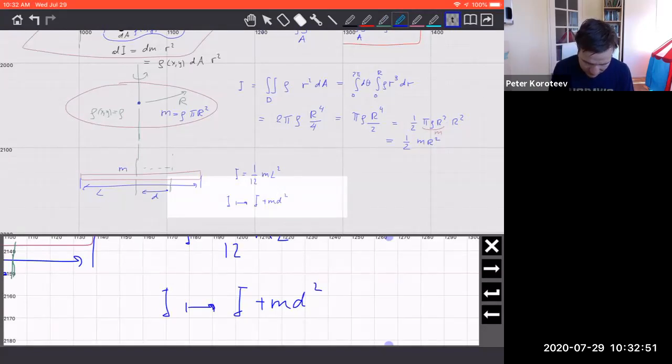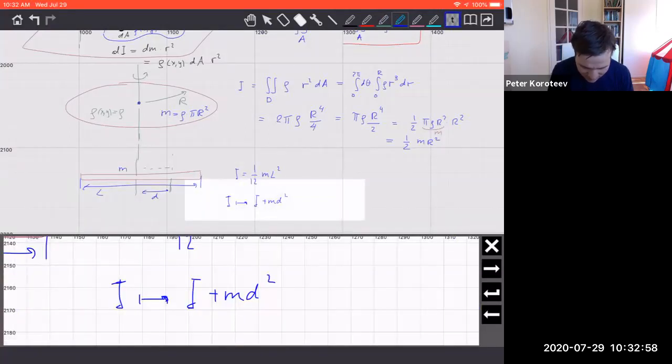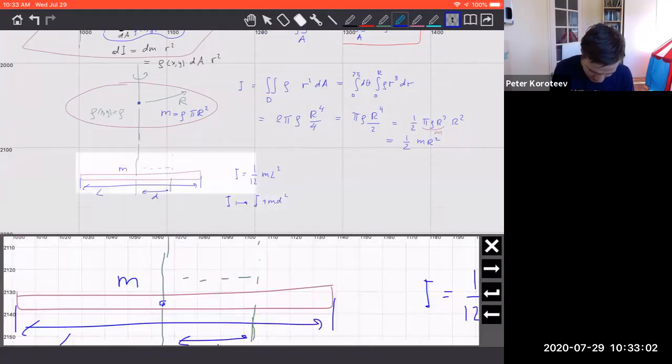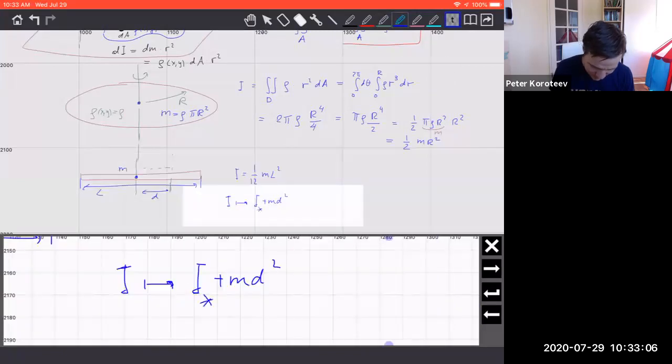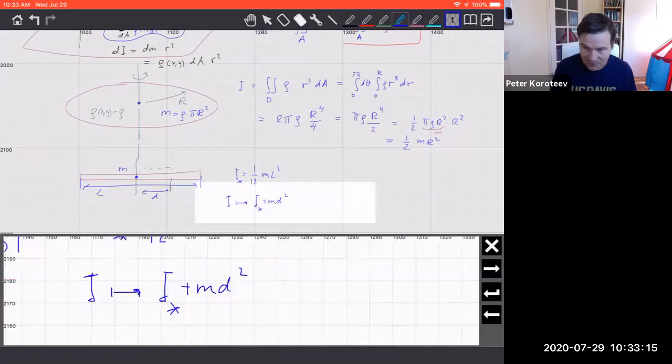But you have to be careful here, you should not treat this formula literally. It should be understood as follows: if the first axis goes through the center of mass, and I star is the value for the center of mass, then when you do the shift, you add M d squared.